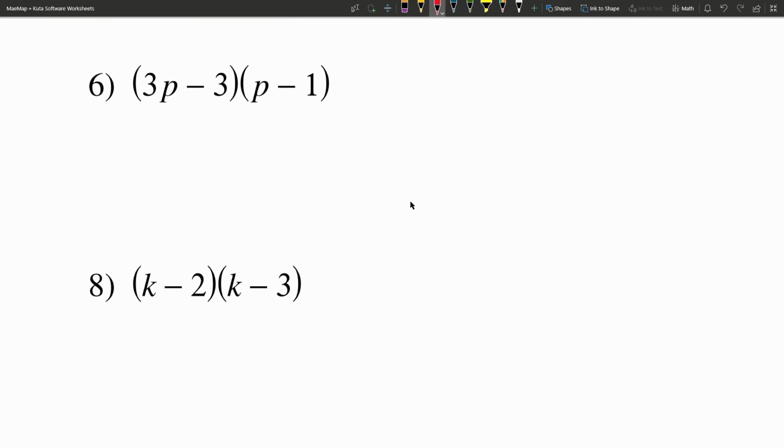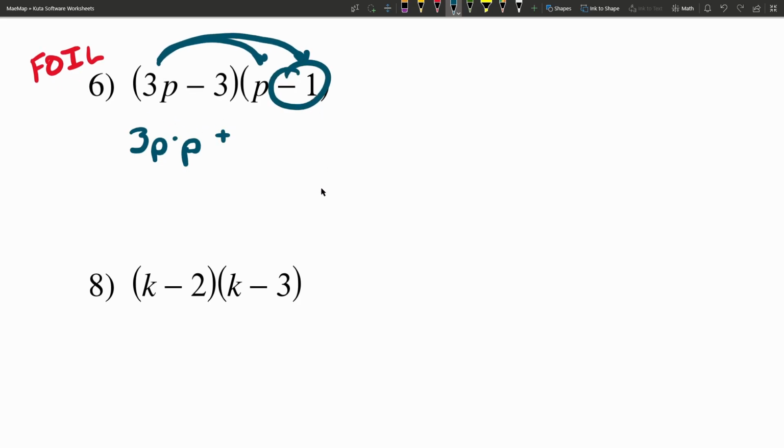Moving on to number 6, first, outside, inside, last, FOIL, F-O-I-L. We're going to take our first term, 3p and p, and combine them through multiplication. Then we're going to add that to our outside terms, 3p and 1, but look, this 1 is subtracted, so that's going to be 3p times a negative 1.